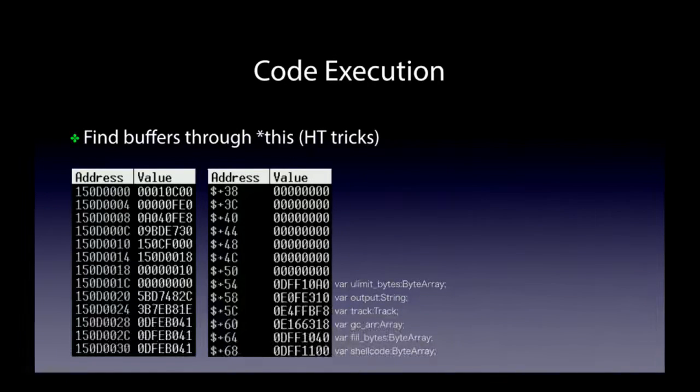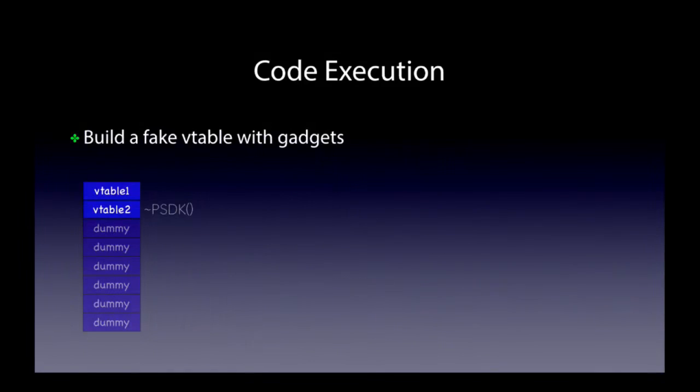And after that, we can use one of the virtual function tables of this class to find the module base of Flash and start to search the ROP gadgets for the exploit. And after every buffer is filled and linked, setByteArray is invoked one more time to corrupt the second virtual function table of PSDK.